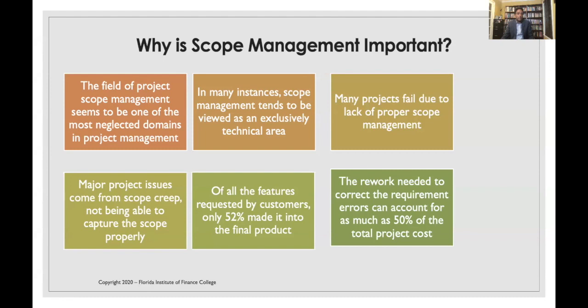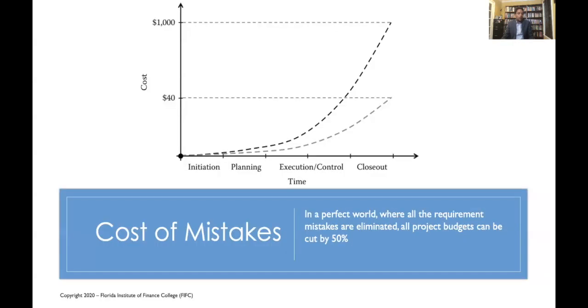Okay, now what you see here is the cost of mistakes. That means in a perfect world where all the requirement mistakes are eliminated, all project budget can be cut by 50%.